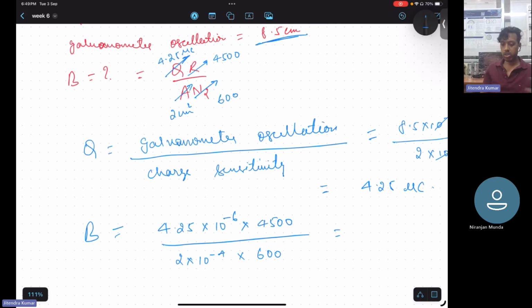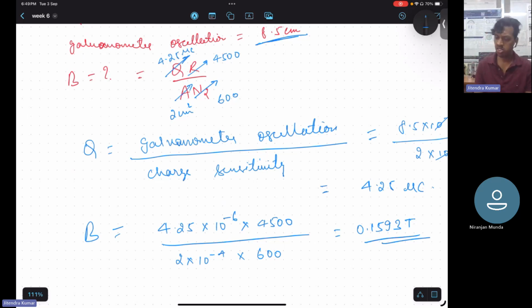So how much will it come out to be? It is coming out to be 0.1593 Tesla, which is quite low, but fine.